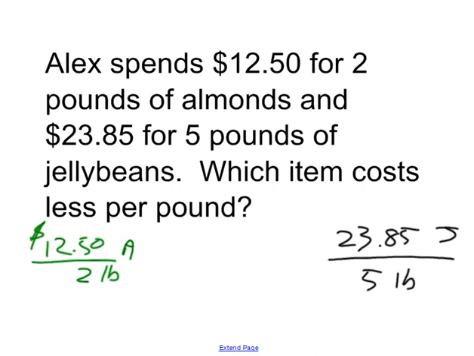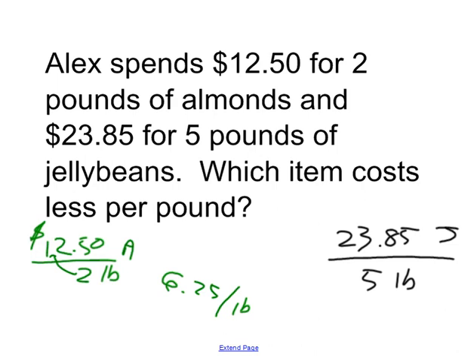All right, so I'm going to reduce each of these to their unit ratio. $12.50 divided by 2 would give me a unit ratio of $6.25 per 1 pound of almonds.